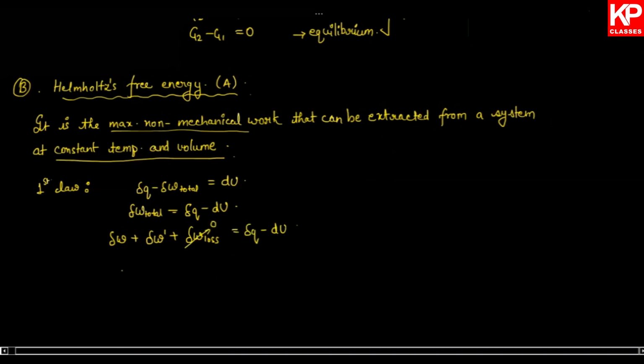So you can write del W dash as del Q minus dU minus del W, and this is the maximum non-mechanical work, because we are neglecting any loss in the work.